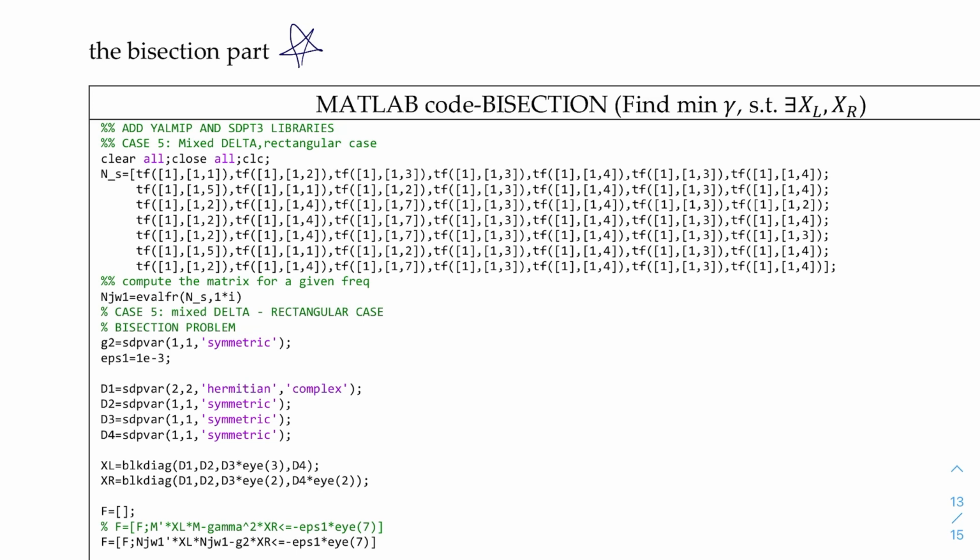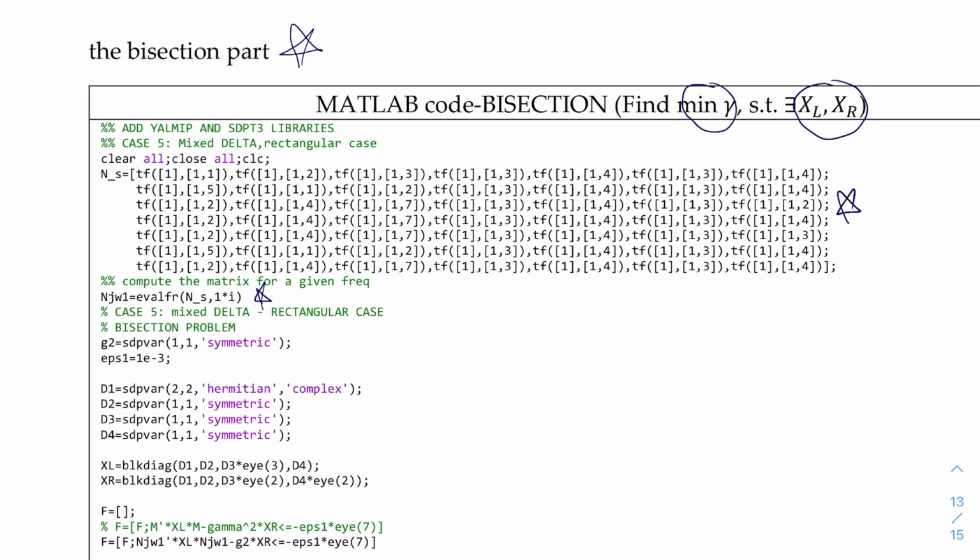You need to show feasibility and then bisection, bisecting over that variable. So this is find the minimum gamma such that XL and XR, whose structures we have talked about, exist.